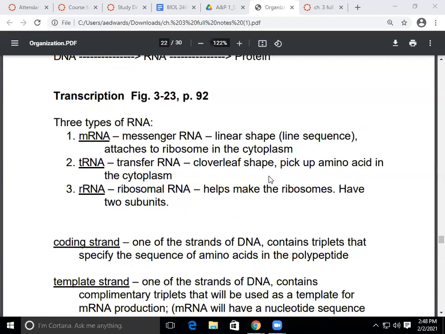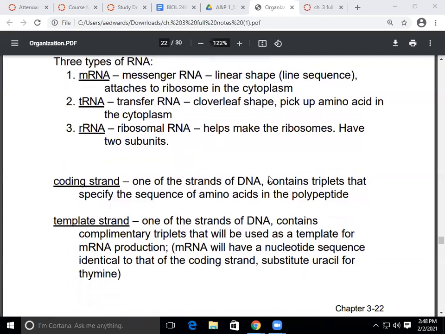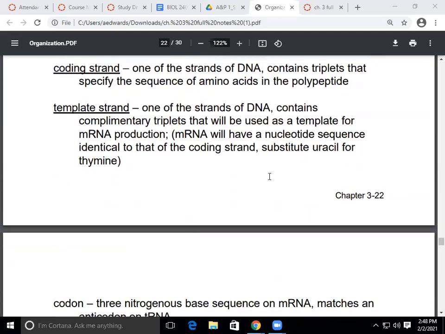Essentially you need a site, which is ribosomal RNA, a sequence, which is messenger RNA, and something that brings the components, which is the transfer RNA.